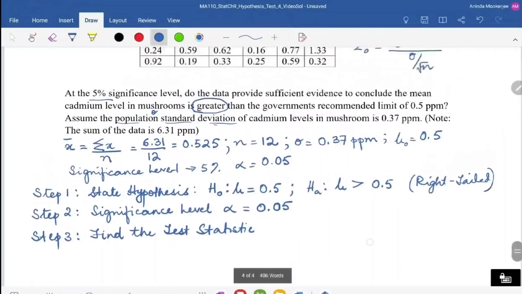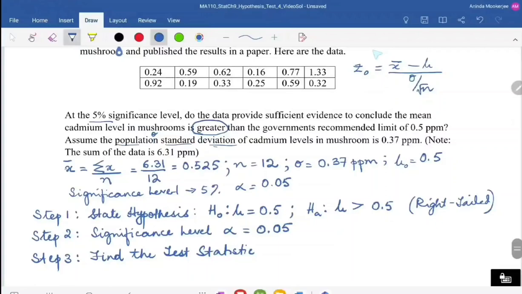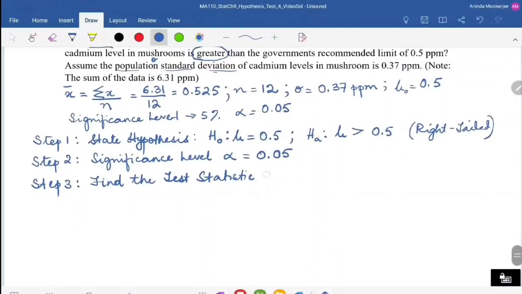We already determined that it's going to be a z-test procedure because the population standard deviation is known. Let's write the formula first for the test statistic. We denote the test statistic as z sub 0, and the formula for that is x bar minus mu over sigma divided by square root of n, correct?